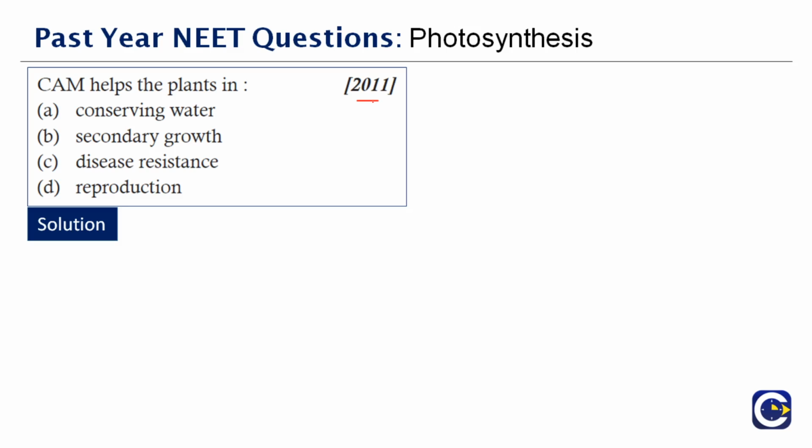What is the full form of CAM? I've already mentioned it in the earlier part, I think, if I'm not wrong. It is Crassulacean acid metabolism. Crassulacean acid metabolism is the full form of CAM plants. They are also known as CAM photosynthesis.